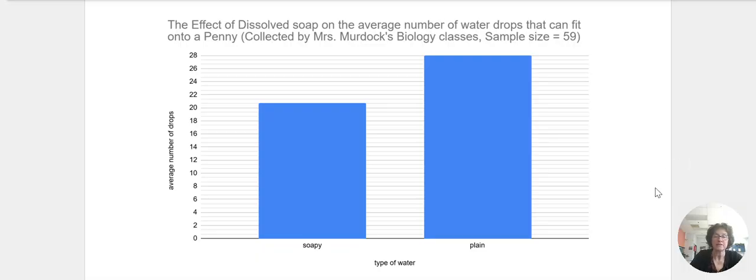So the IV in this lab is the actual type of the water, whereas the DV is the number of drops that were measured. So when you write a claim, you want to just write the effect of the IV on the DV in a simple sentence.